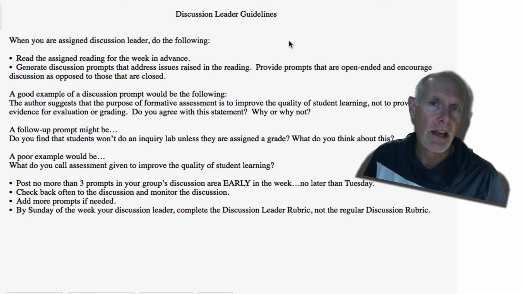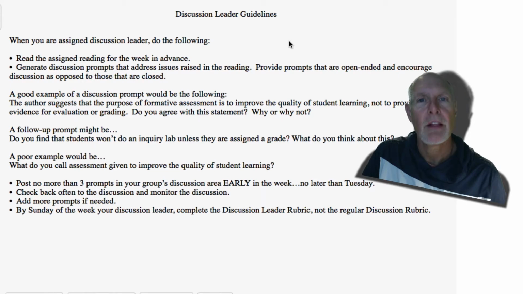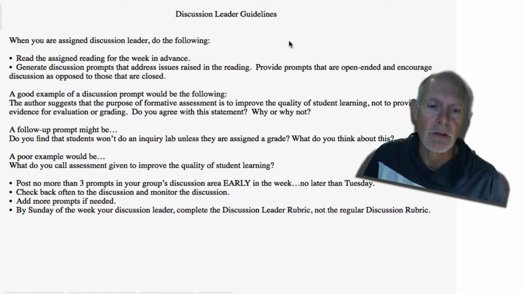I provided examples of what a good prompt looks like and what a poor prompt looks like, and then encouraging them to post no more than 3 prompts throughout the week, because if they have good prompts, those will continue the discussion throughout the entire week. They're encouraged to check back and to monitor often. They are certainly encouraged to add more prompts if they need to do that. And then finally, they do the summary at the end of the week.